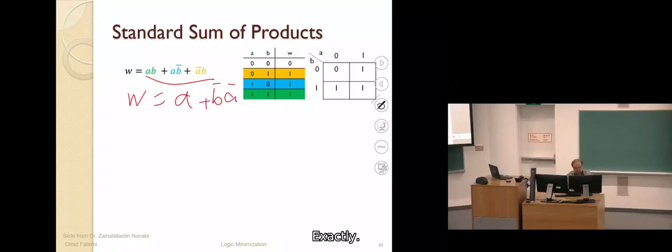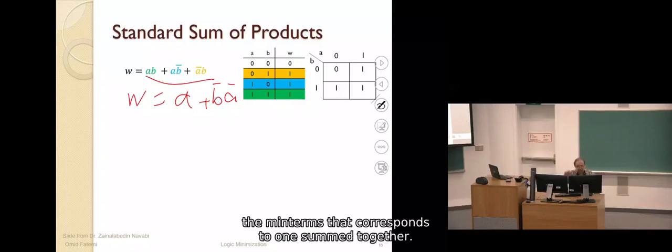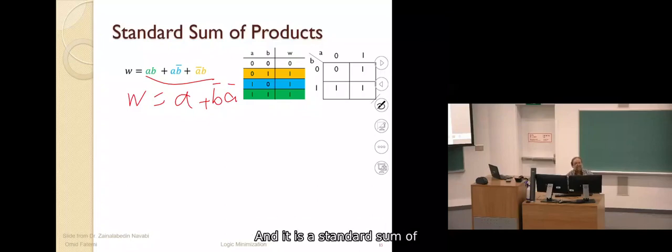Exactly. Yes. If we want to represent the function, the min terms that correspond to 1 are summed together, and it is a standard sum of product because it has min terms. But later you might simplify it and it becomes non-min term. It's a product term.